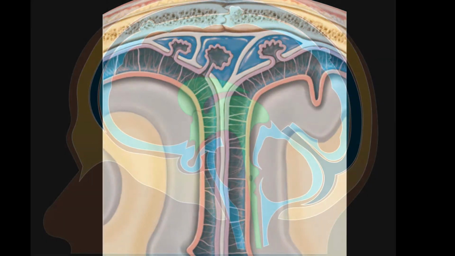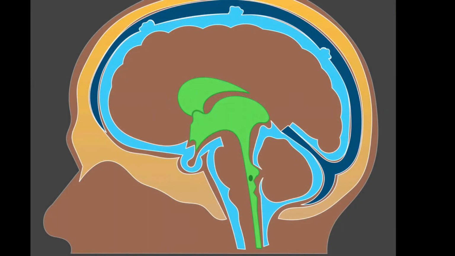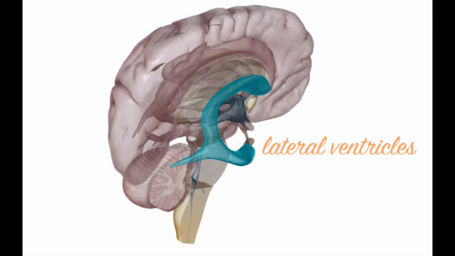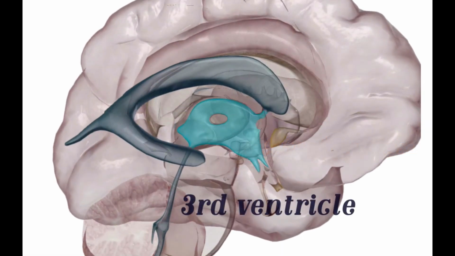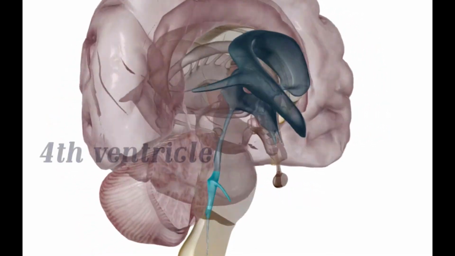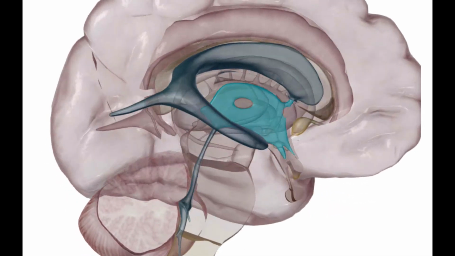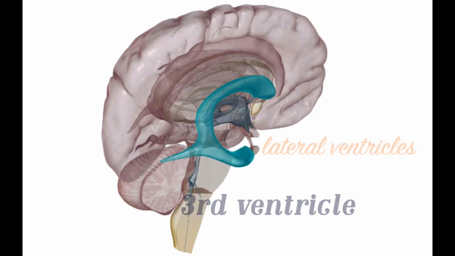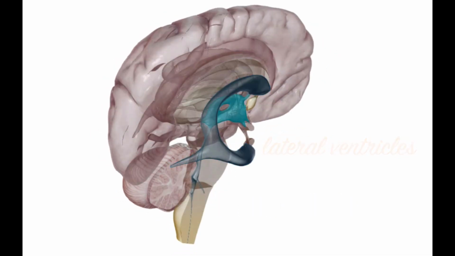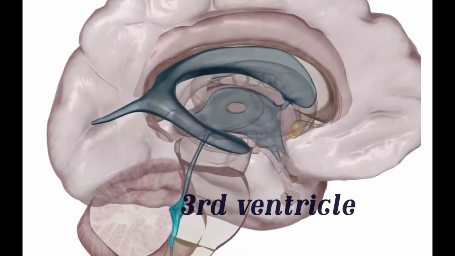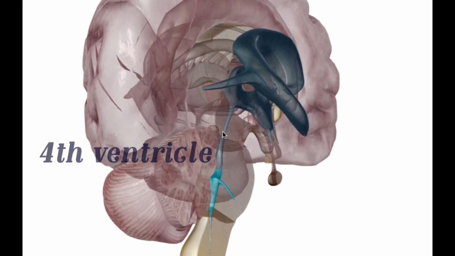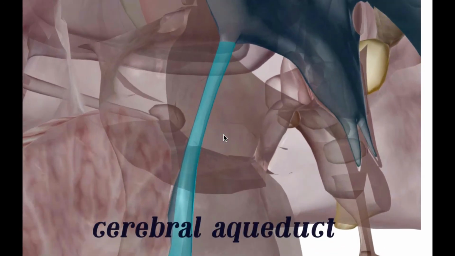So what I would like to do right now is take a minute to explain how cerebral spinal fluid is made and how it's passed around through the brain and the spinal cord. So, like I mentioned before, cerebral spinal fluid is created in the choroid plexus. These are cells that are inside the brain. If you can imagine a water well that feeds a city water, that's what these are.